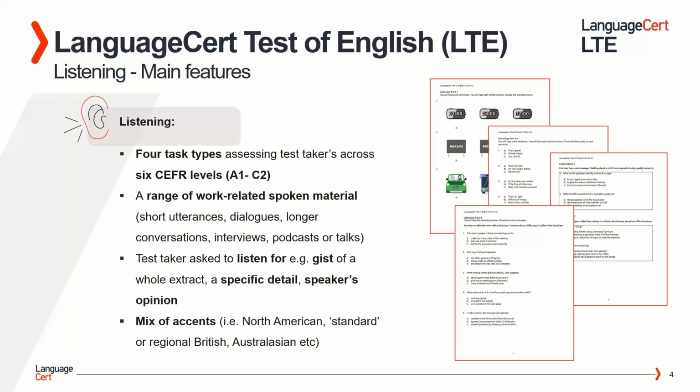The test taker is, for example, asked to listen for gist of a whole extract, for specific detail, or for the speaker's opinion. Regarding the accents, there is a mix of accents, for example, North American, Standard or Regional British English, or Australasian.